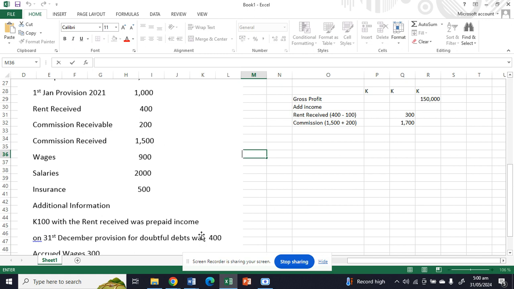So 1,000 minus 400, that 600 kwacha decrease in the provision for doubtful debts, we're going to treat it as a gain. Okay. And the gain is treated like income. So you're going to say decrease in provision for doubtful debts or decrease in allowance for doubtful debts. Decrease in provision, we're going to say 1,000 minus 400.